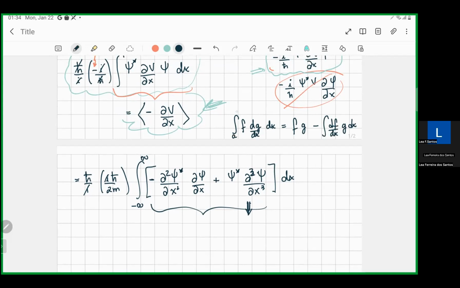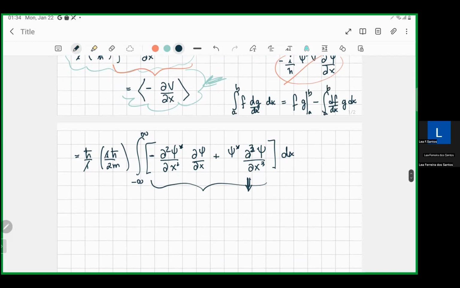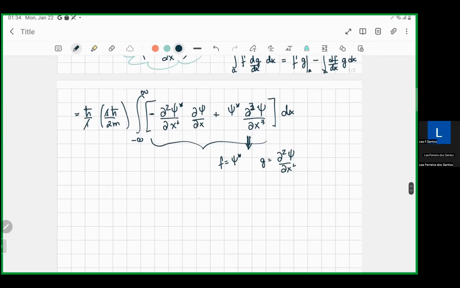This integral a to b, well, here we have a to b, here we have a to b. Okay, so who is playing the role of f in my case here is going to be that psi star, and who is playing the role of g is going to be the second order derivative.